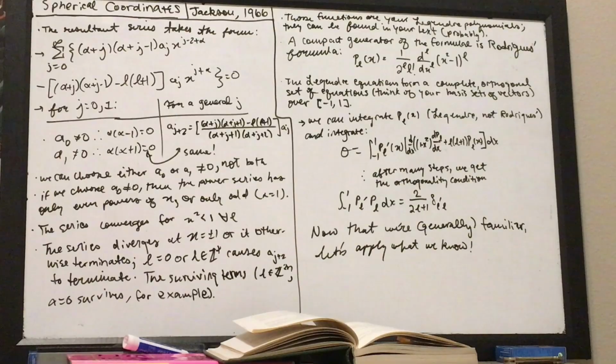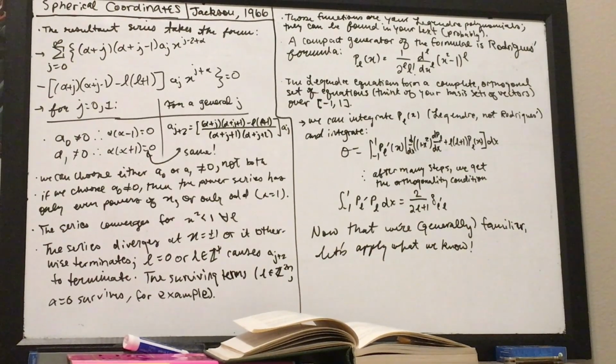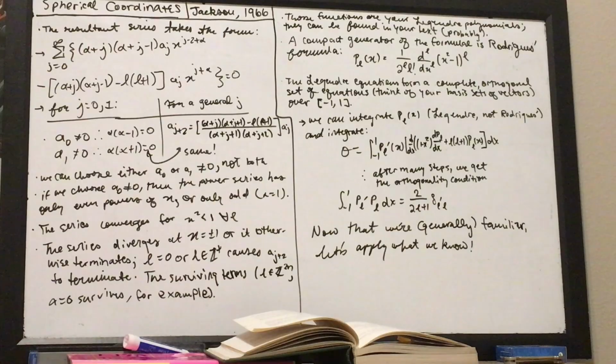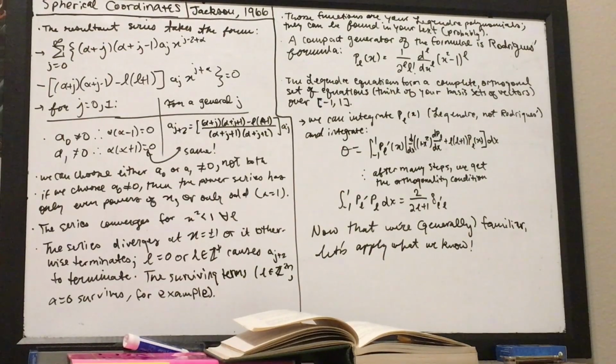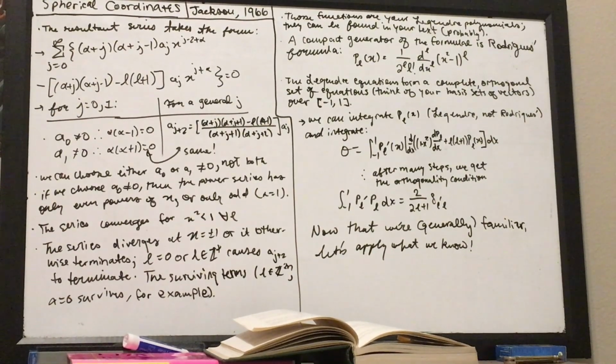Okay, so our resultant series takes a particular form, being this infinite sum of this nice long string of terms. We sum over alpha plus j times alpha plus j minus 1 times a sub j times x to the power of j plus alpha minus 2, because we take a derivative in the previous term.